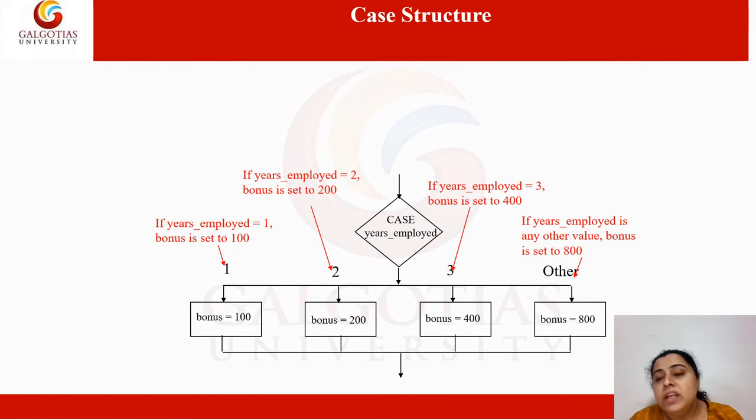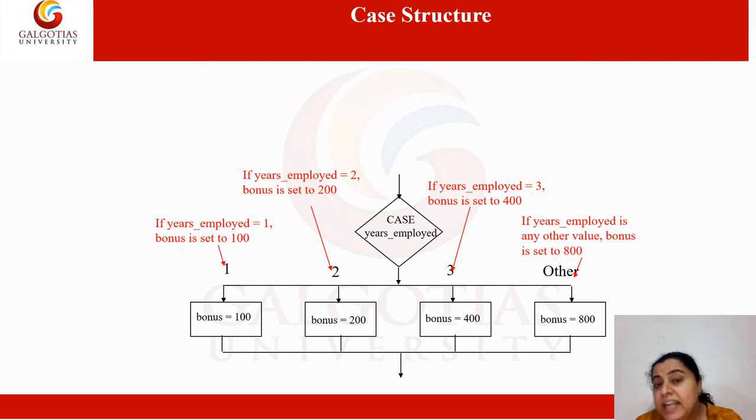If the employee has 2 years of experience, the bonus is 200 rupees. If the employee has 3 years of experience, the bonus is 400 rupees. And if the employee has more than 3 years, or any other value apart from 1, 2, 3, we pay that employee 800 rupees as a bonus. So there are 4 options that we have.